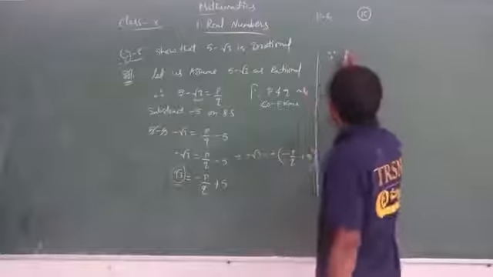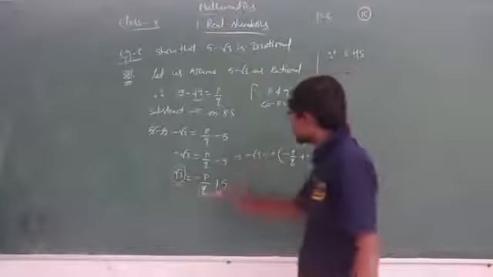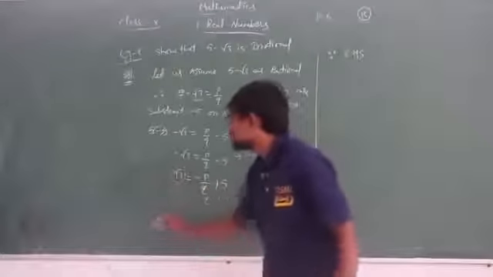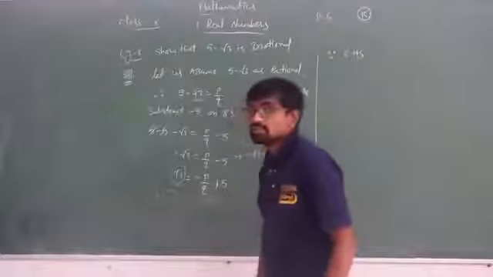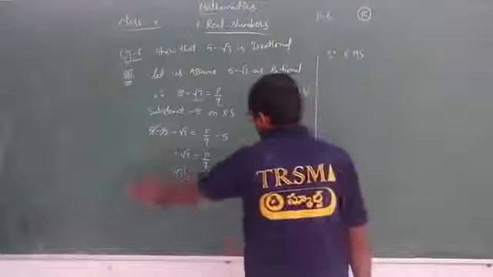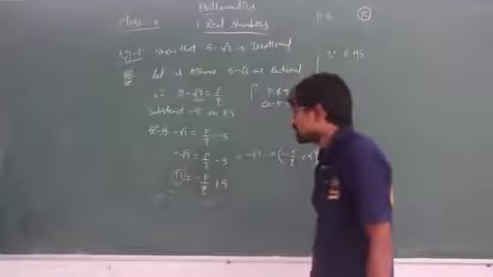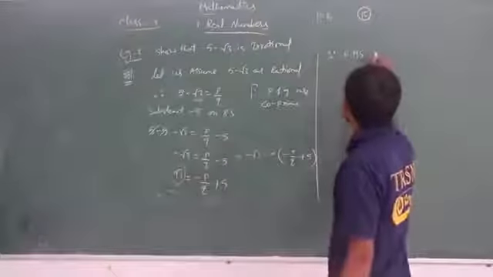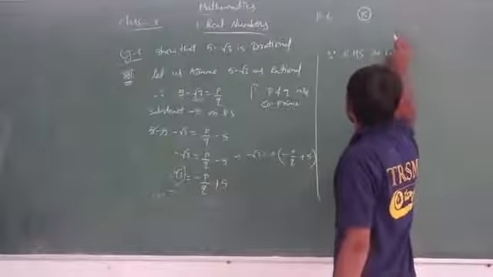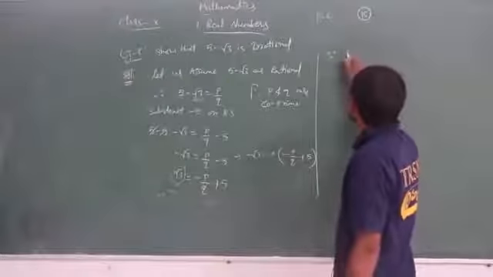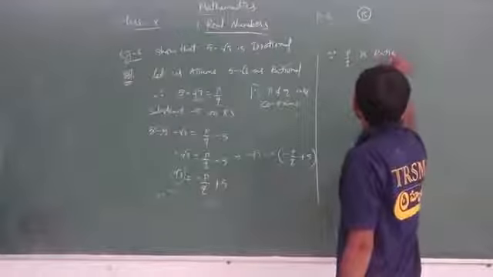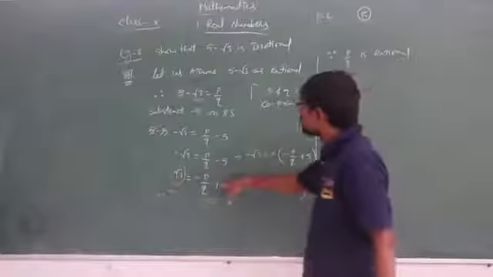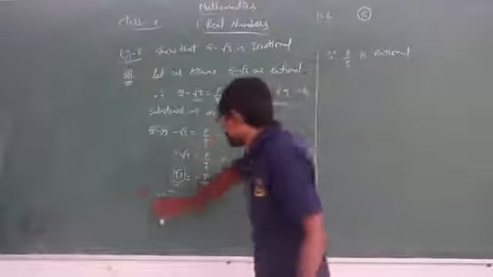So since the RHS, this is the right-hand side and this is the left-hand side, LHS, is rational, since P by Q is rational.